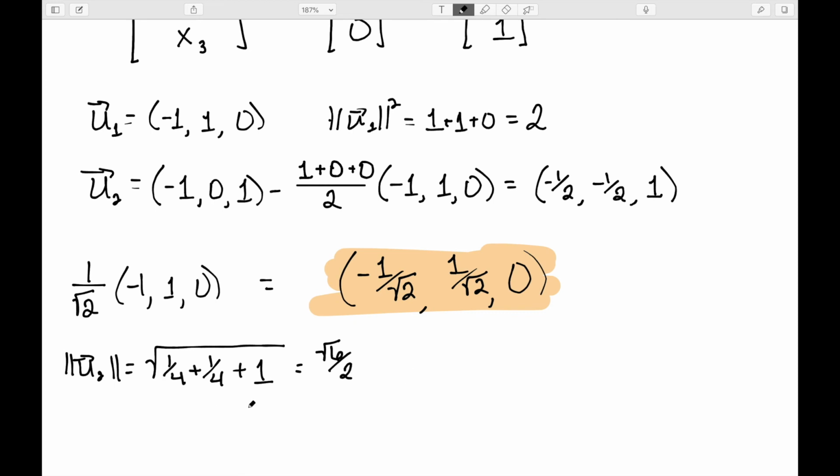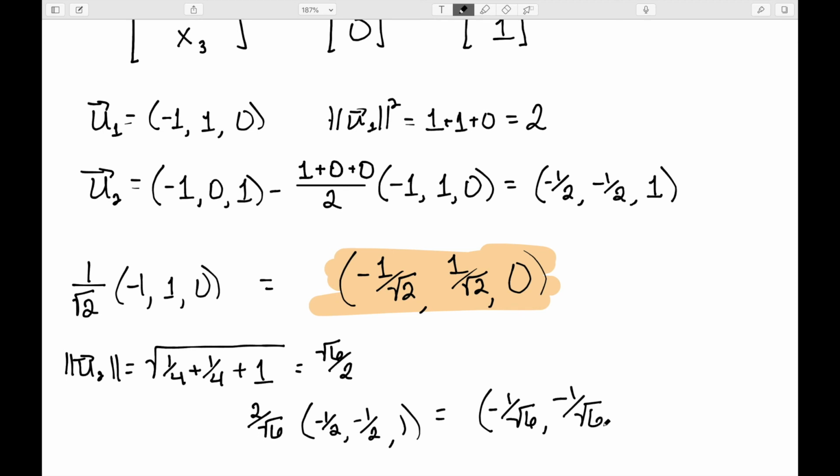So I would need to multiply by 2 over root 6 times my vector, which would be -1 over square root of 6, -1 over square root of 6, 2 over the square root of 6. So this would be my second vector that I need for my matrix P.